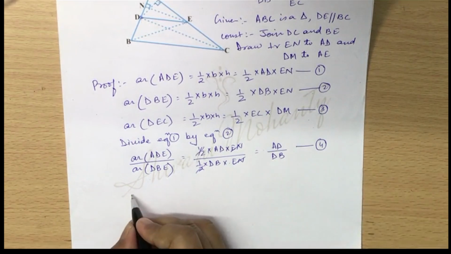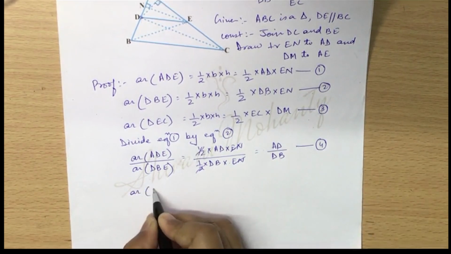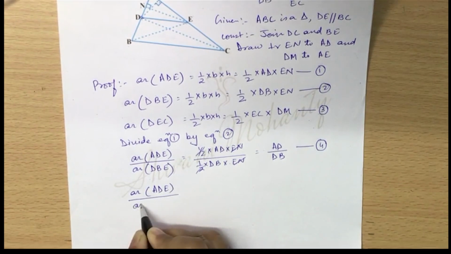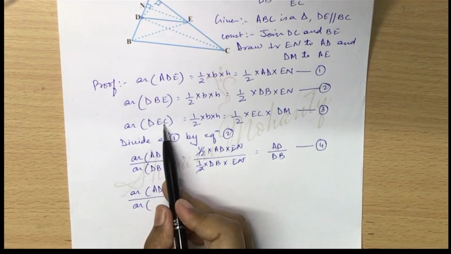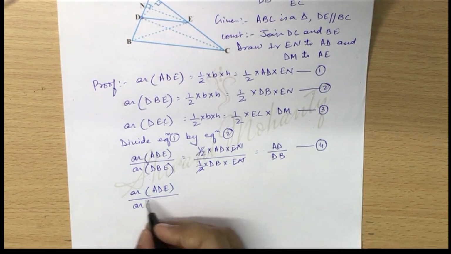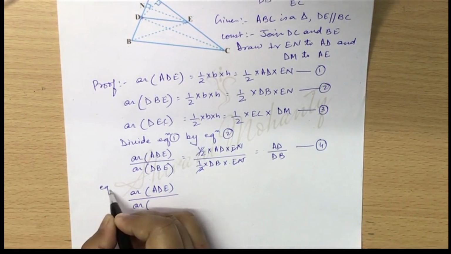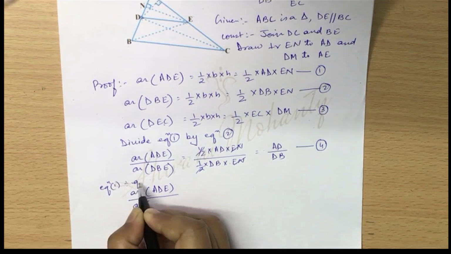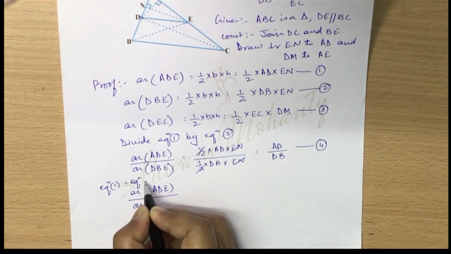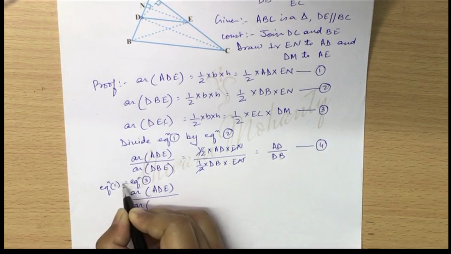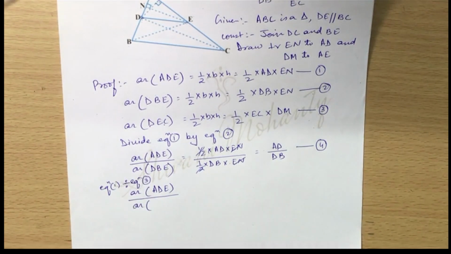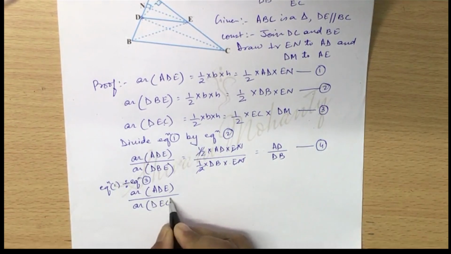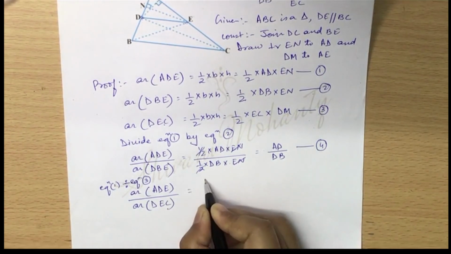Okay. Now another ratio let me take. Area ADE by area DEC. So this is equation 1 divided by equation 3. What will you get?